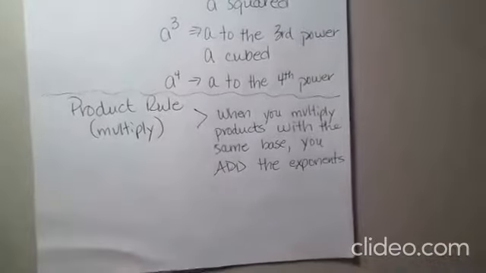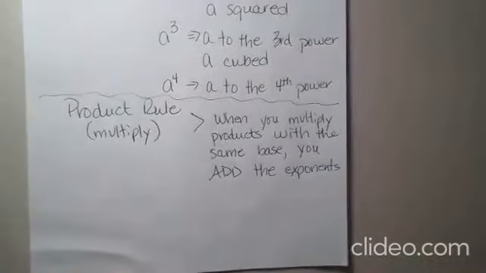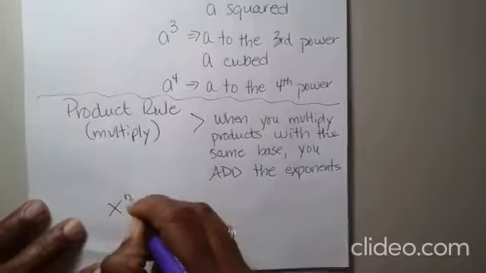That's what the rule says. When you multiply products with the same base, you add the exponents. So an example of this would be like the one I showed on the front of my graphic.